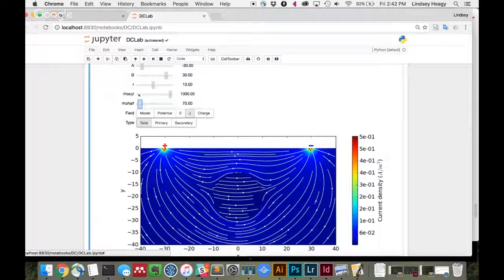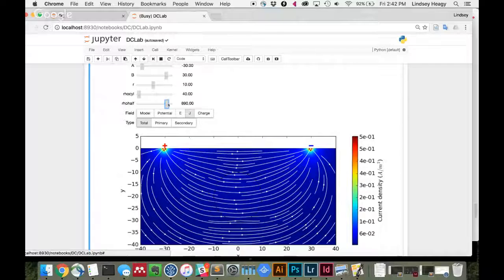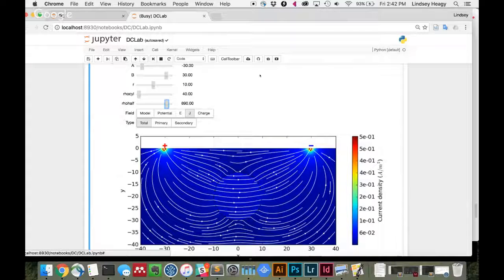So we could do that. So we'll make that space resistive, this guy conductive. Right. So now you see how the current comes down, shunts across here, and goes back up, and the same with that.